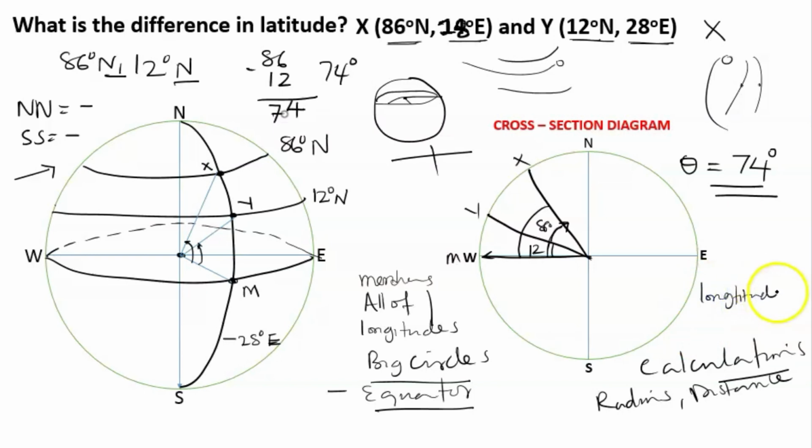When you are given time, how do we know the time difference between two locations, and so on. We'll be looking at all these in the course of this video.